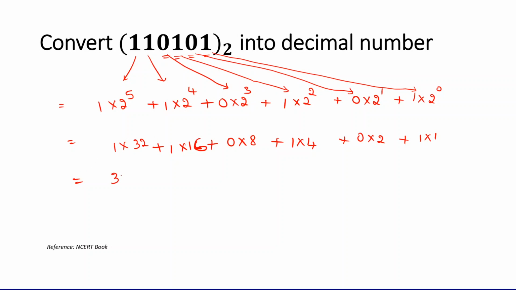So 32 plus 16 plus 0 plus 4 plus 0 plus 1. 4 plus 16 plus 1 is 21... 20 plus 32, 52 plus 1, 53. 53 is the answer in base 10.